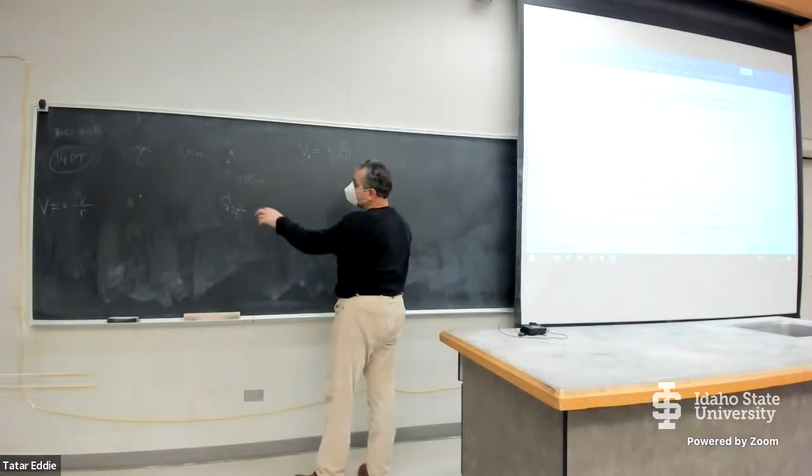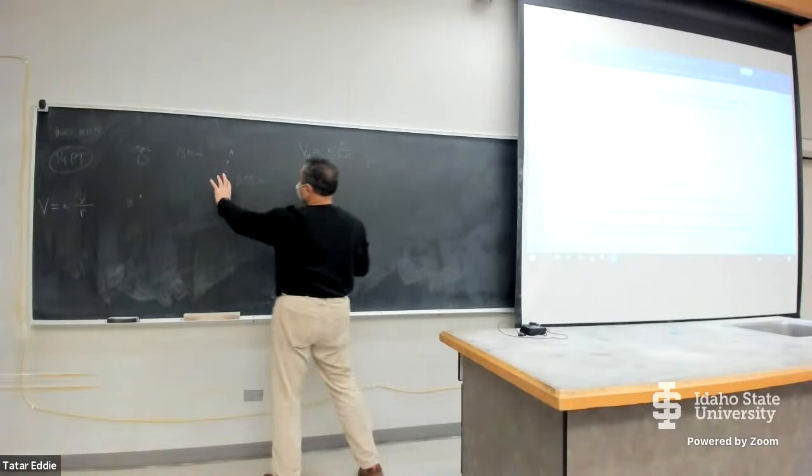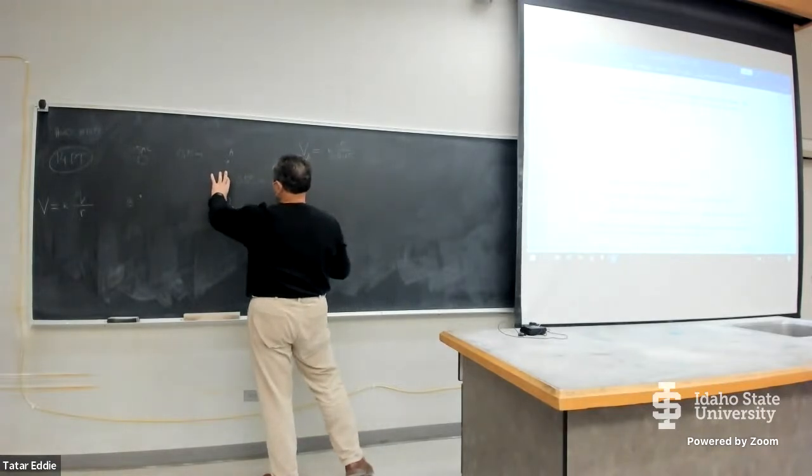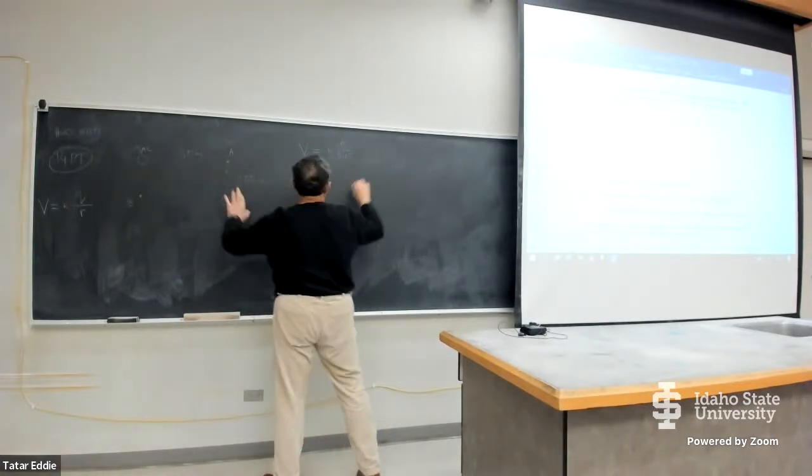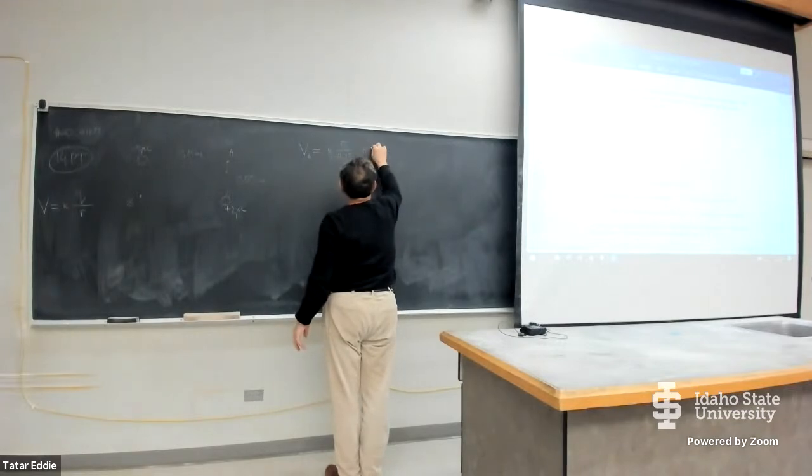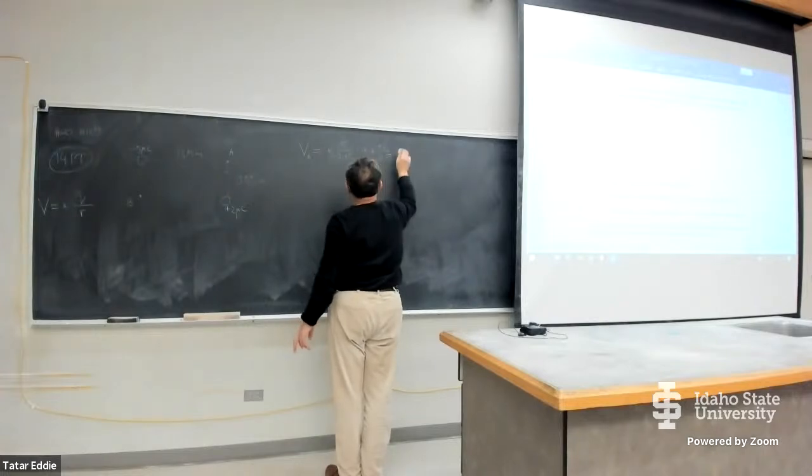And the part that is generated from the positive 2 is going to be k times positive 2 divided by 0.05, the distance.